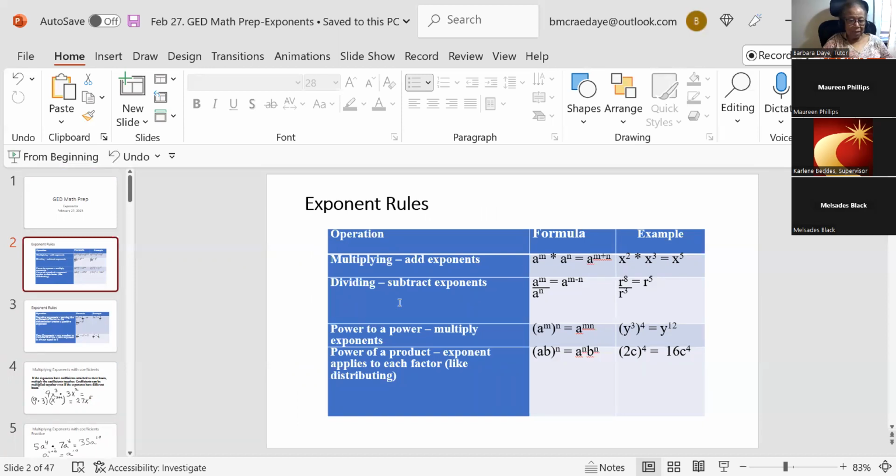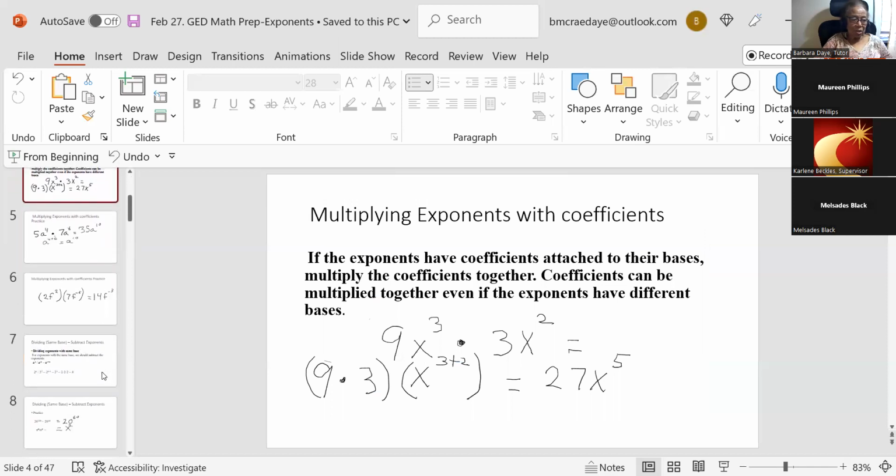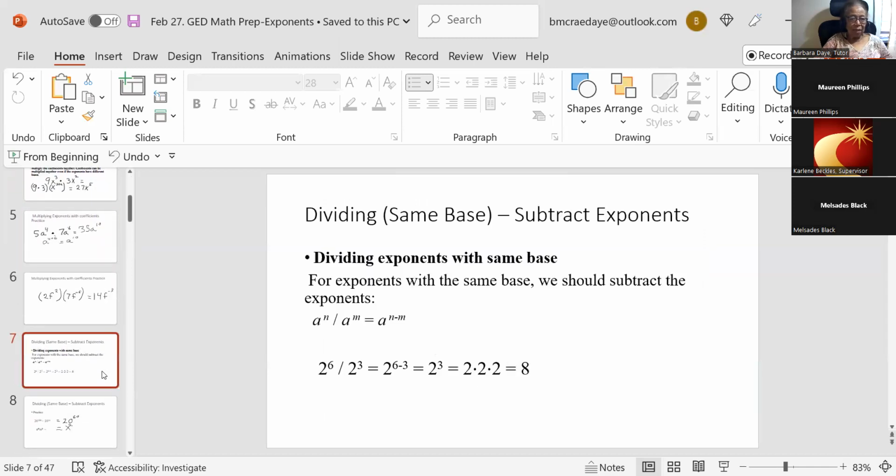Got it? That's what we just went through, dividing, and we did examples. We did it with the coefficients. Same base, subtract the exponents. Division goes with subtraction. Multiplication goes with addition. Just keep those pairs together, all right?